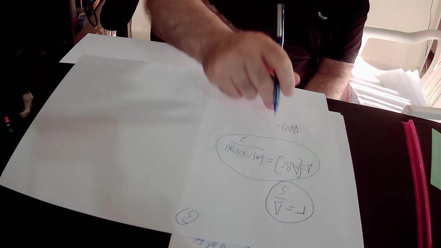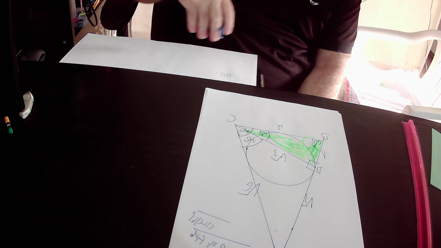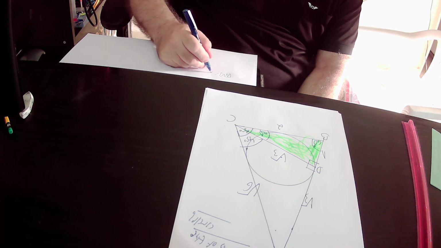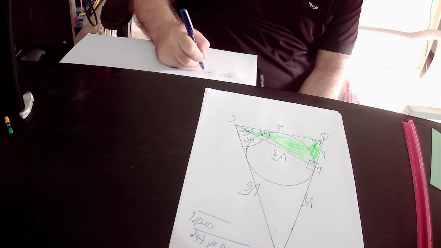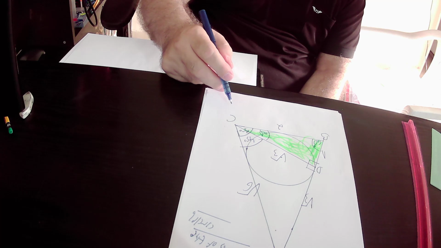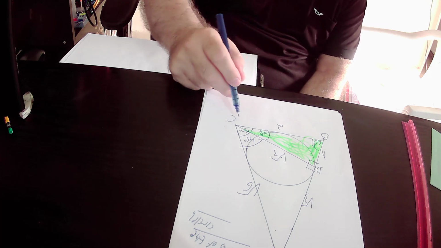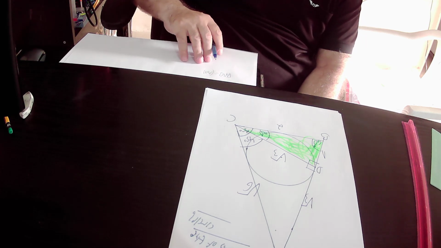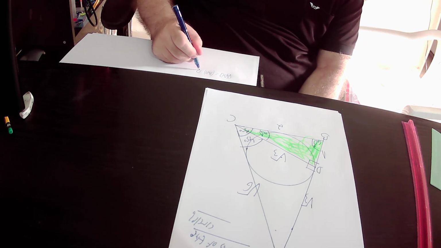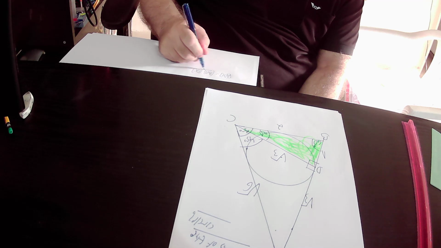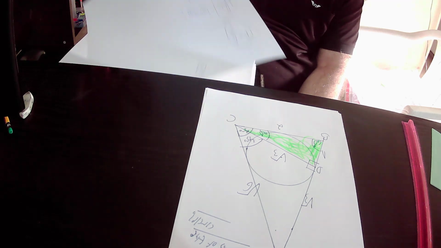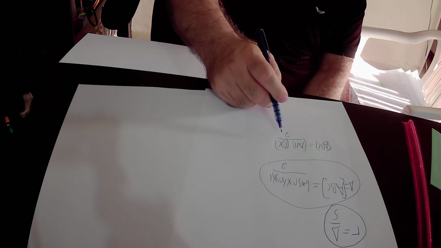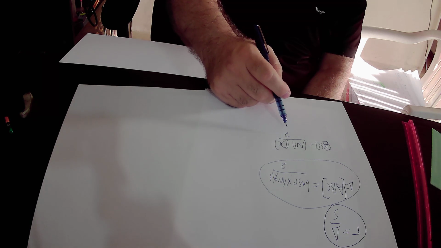Here we'll take the base as AB. The height to the base must create 90 degrees with the base, so DC creates 90 degrees with the base, so the height is DC, over 2. I'll repeat, the area of triangle ABC equals AB, that is the base, times DC, that is the height, over 2.